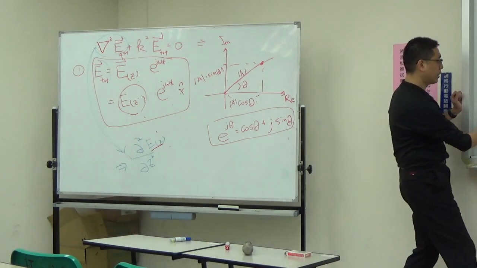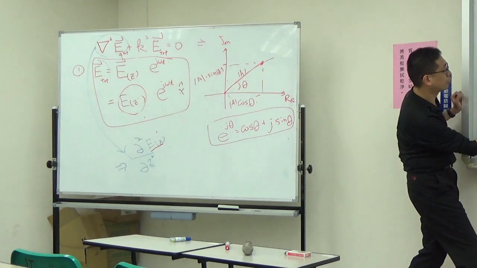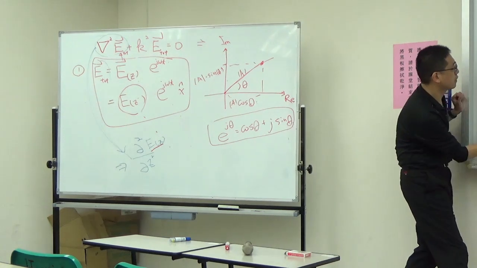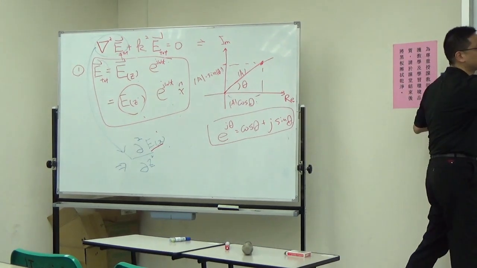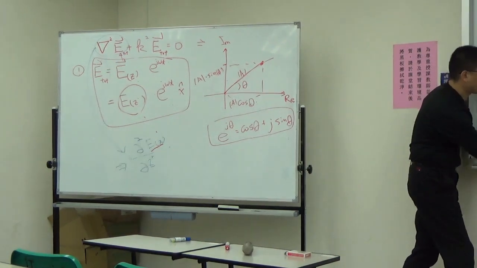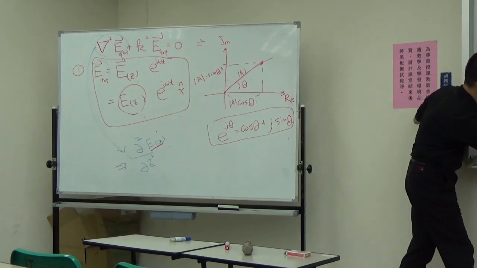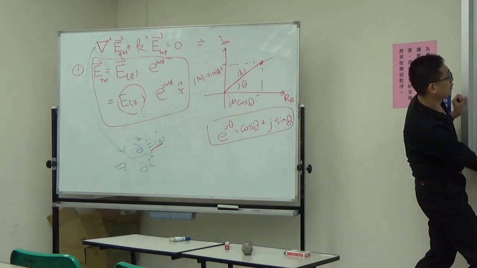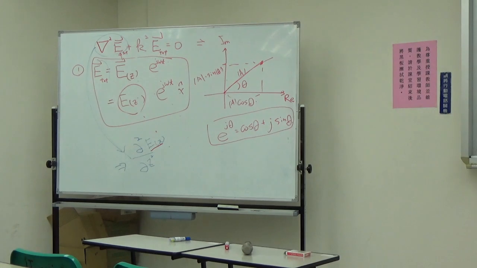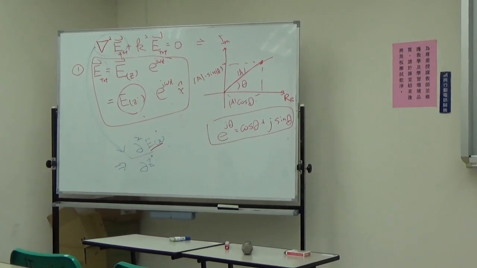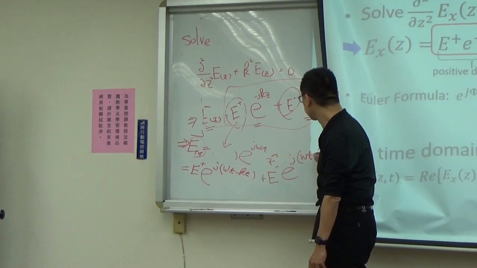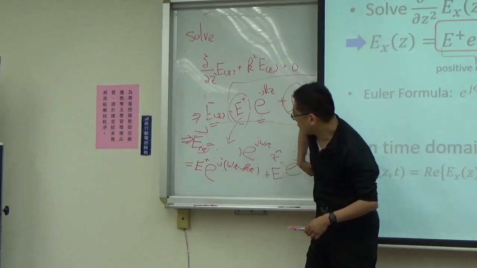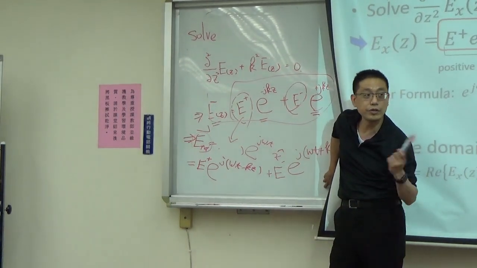We can write E total equals E plus times exponential j omega t times exponential minus jkz, which gives j omega t minus kz, plus E minus times exponential j omega t plus kz, and all of this in the x direction. This is actually what the original E field looks like.